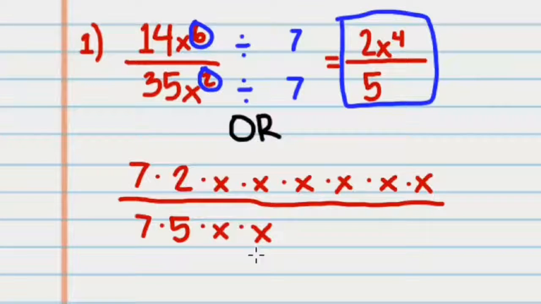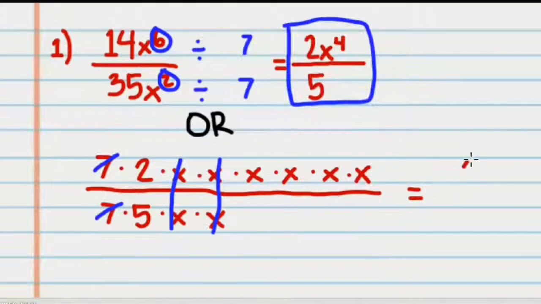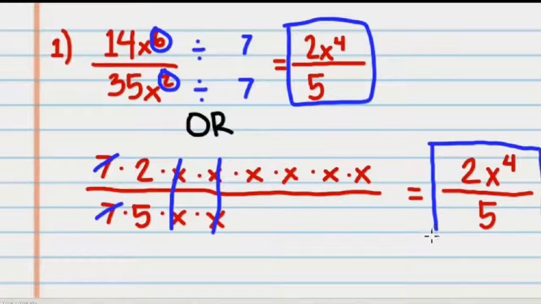In this lesson, we're focusing on canceling and simplifying. We cancel a 7, and we cancel 2 x variables. So now, we are going to multiply the remaining numbers and variables with each other. We have a 2 on top and 4 x variables remaining, and a 5 on the bottom, which is why 2x raised to the 4th power over 5 is the answer.